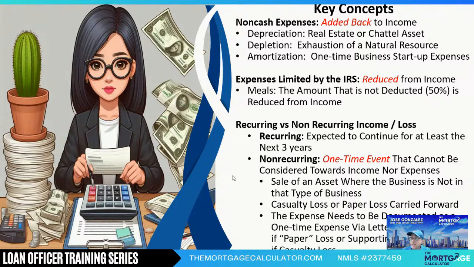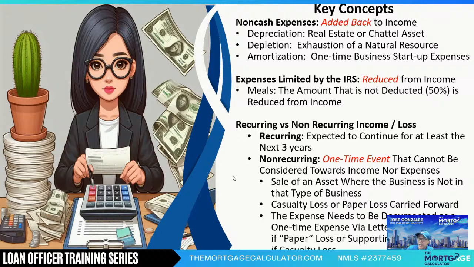So non-cash expenses can be added back to income. The most common examples of non-cash expenses that can be added back to income are depreciation on real estate or on personal property, business property I should say, like a car, equipment, furniture. That would be the chattel asset. Depletion is another non-cash expense, which would be exhaustion of a natural resource.